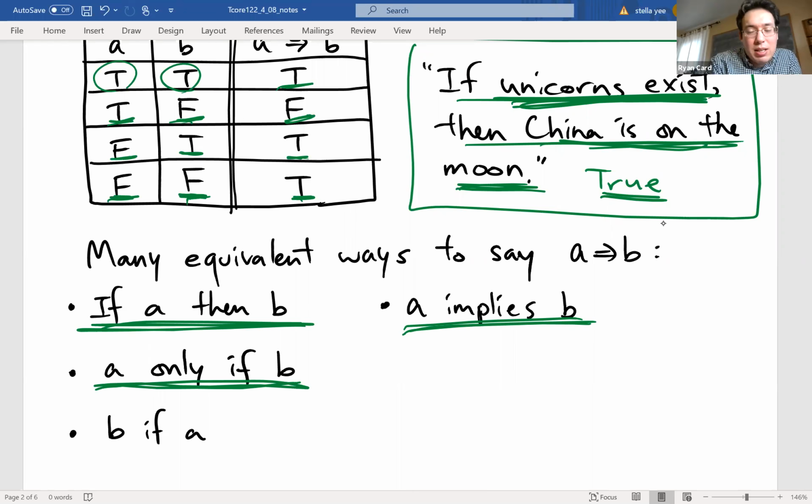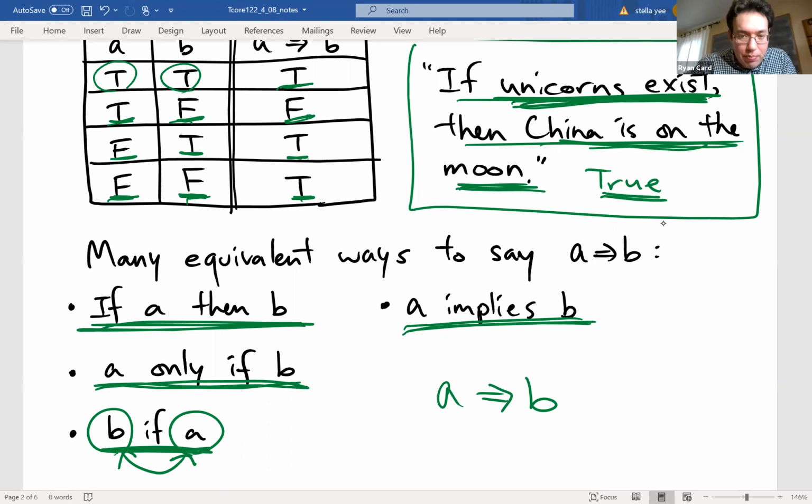And then another trickier way to say it is you flip the B and A, and then say B if A. So it's important to flip the A and B here before you phrase it like that. All four of these sentences mean that A implies B. The order of where the A and B go really is crucial here.